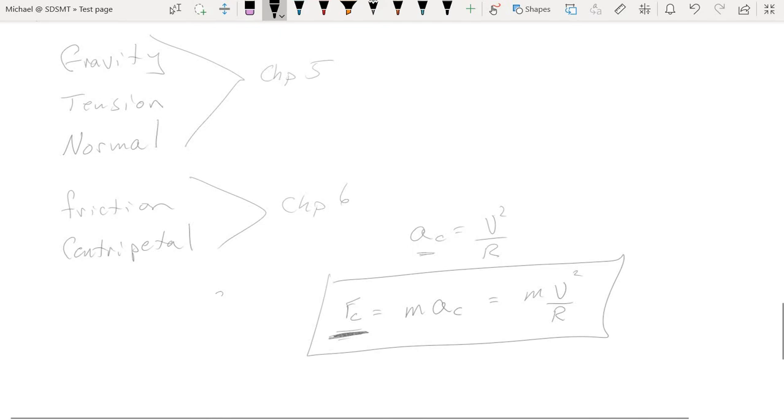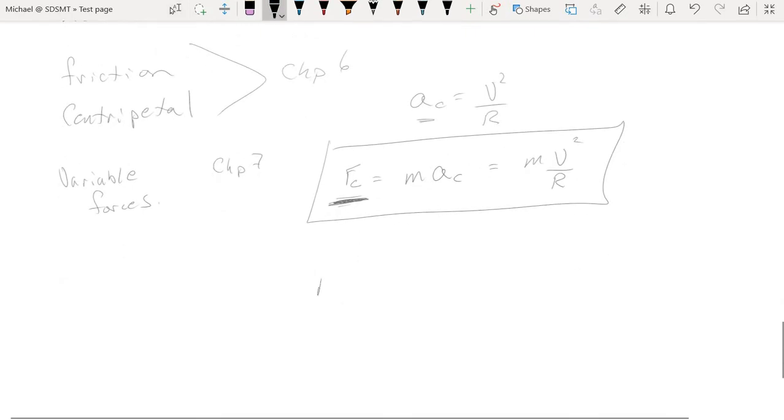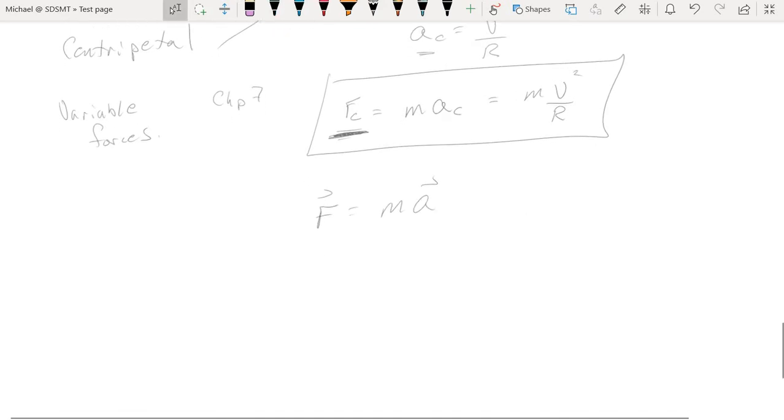And then when we get into Chapter 7, we're going to consider variable forces. And so these are forces that are not constant. And if a force is not constant, that means that there's one of two possibilities as to why that force is not constant.